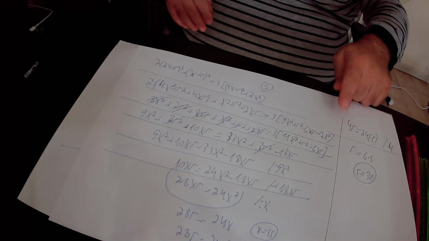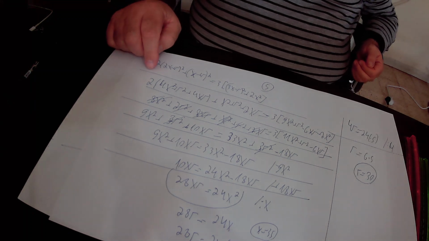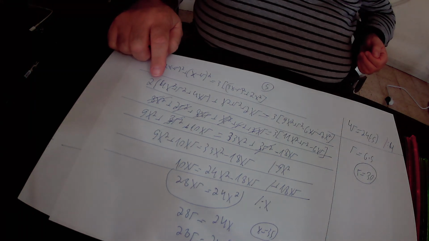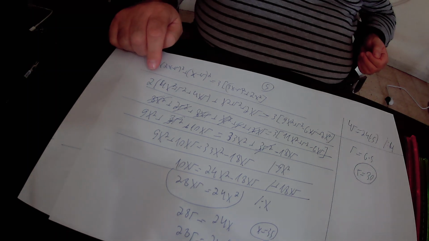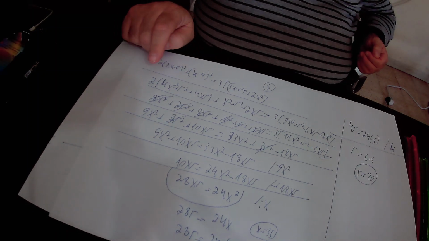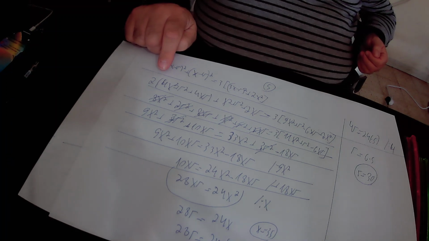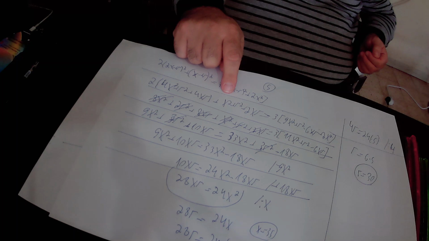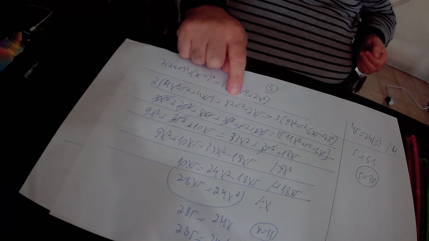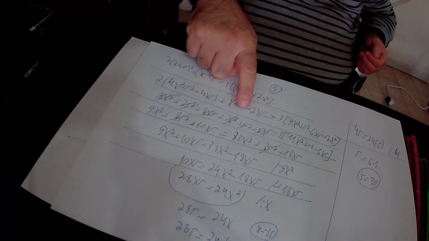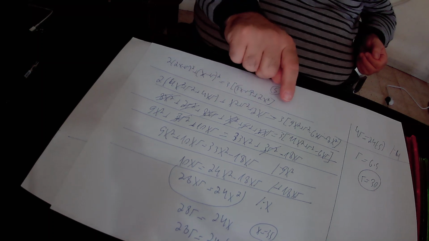Here we open the brackets and we get 2 times 4x squared is 8x squared, plus 2 times r squared is 2r squared, plus 2 times 4xr is 8xr, and we copied this x squared plus r squared plus 2xr.